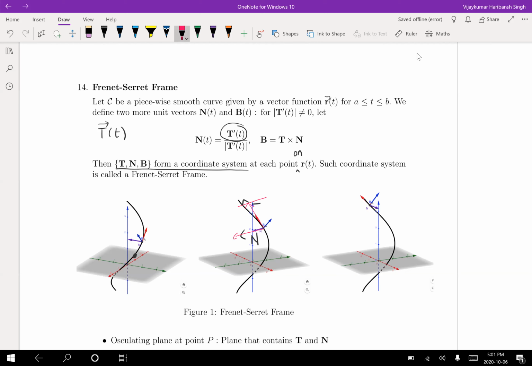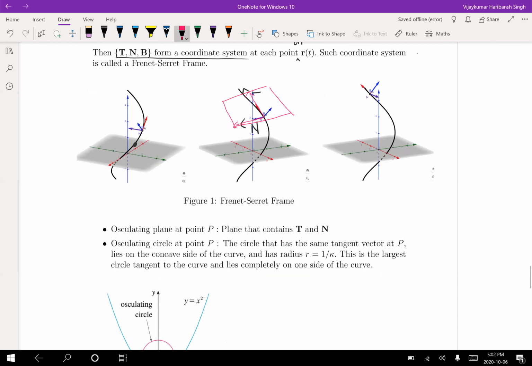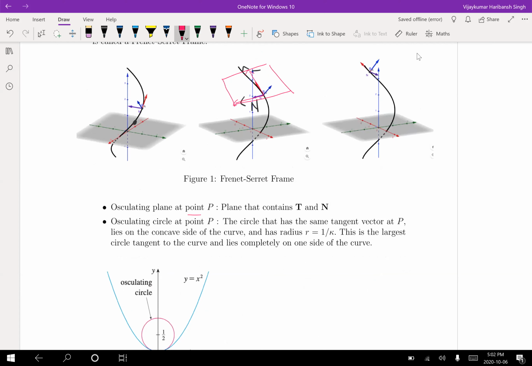Then the plane containing these is in some sense touching the curve from the back here, right? Such a plane is called the osculating plane, and it contains T and N.